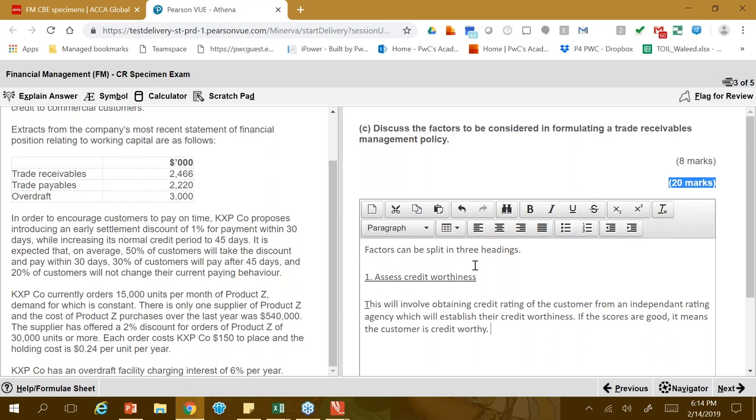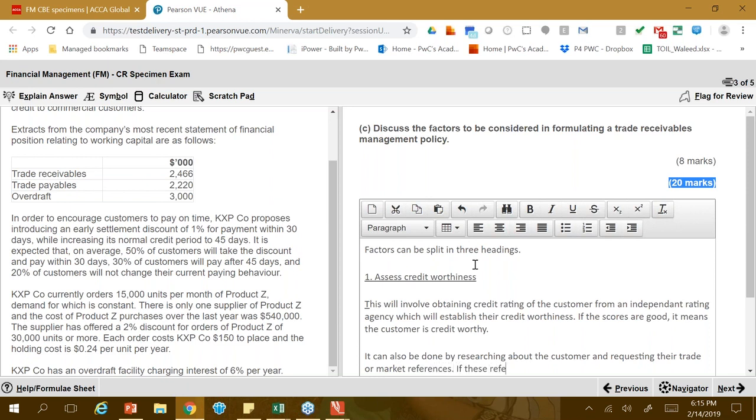The examining team does not want from you a list of things. They don't want 12 different things from you. They want 3 things explained well. Second, it can also be done by researching the customer and requesting their trade or market references.